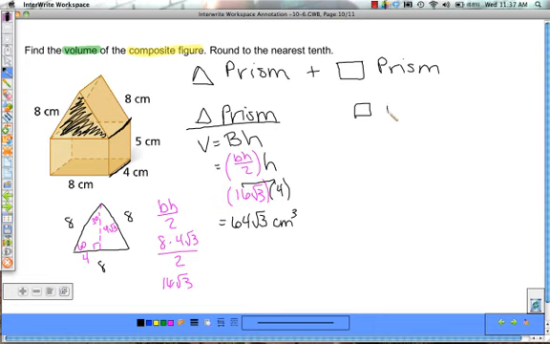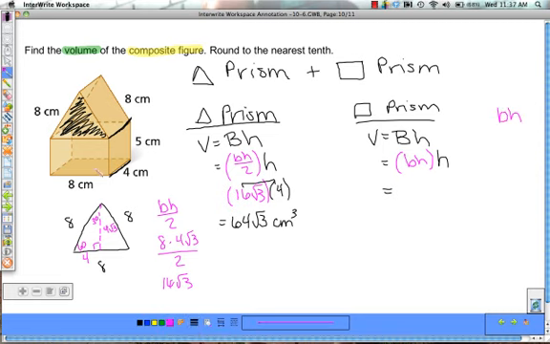Let's do our rectangular prism. Same formula, but now for area of the base, we need to use the base times height, or length times width if you prefer. So for our base and height on our rectangular prism, I'm going to use this right here as my base.